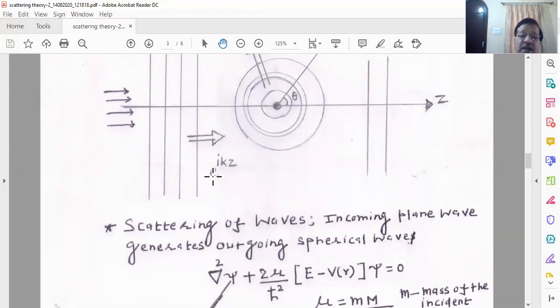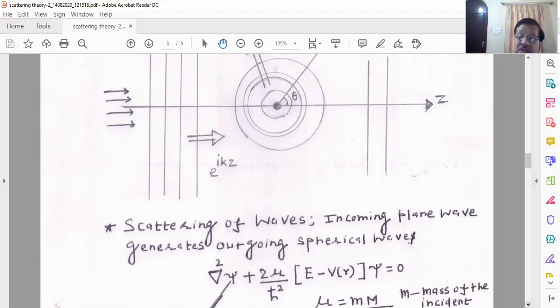So we write a normalization constant A. A e to the power of i k z is the incident wave directed towards the scatterer, propagating along the z direction with a definite momentum. The particles are identical, having the same energy, moving along the z direction.